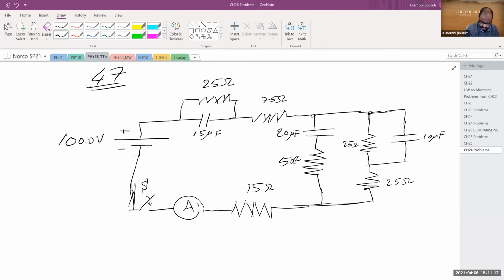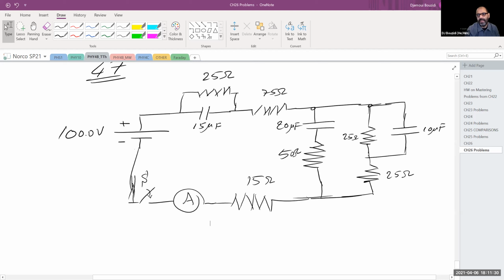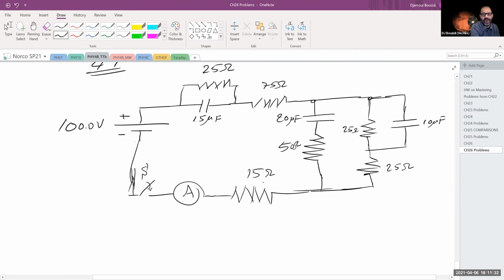No. So this problem has 2 questions and 2 questions only. To find the current through the ammeter, that's all. That is our problem. Find I. So there is a current that is going to be flowing through this one in here, and we are to find it.